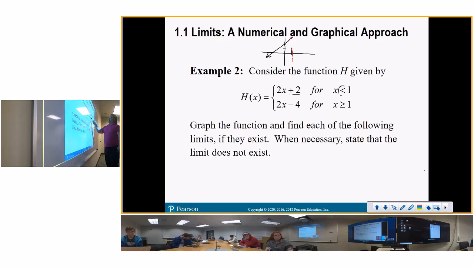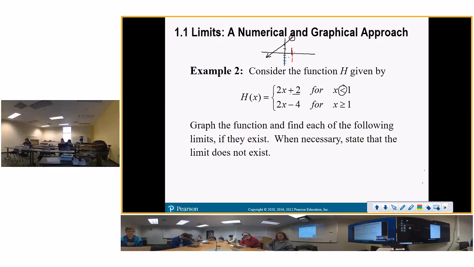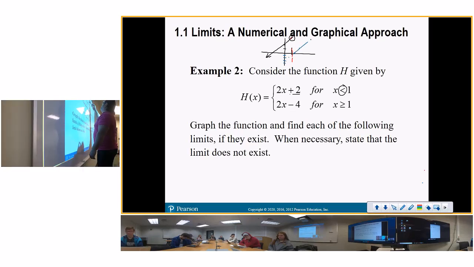What kind of circle do I have at the end of that function? Okay, everybody good? Now I'm going to do the other one in blue. We've got a positive slope of 2 over 1, and everything to the right of 1 goes this way. And what type of circle do we have there?